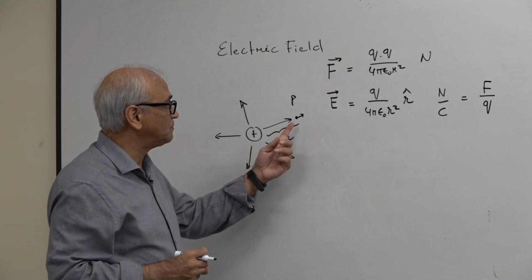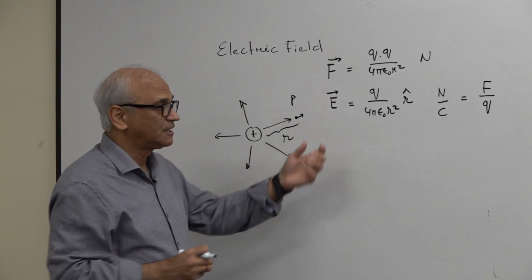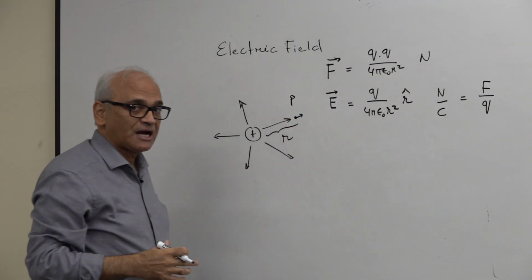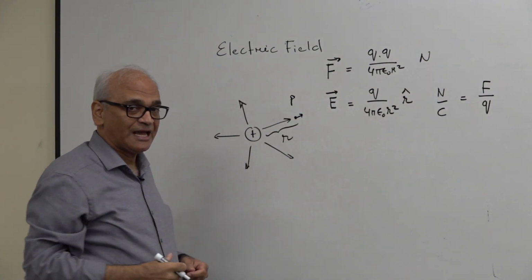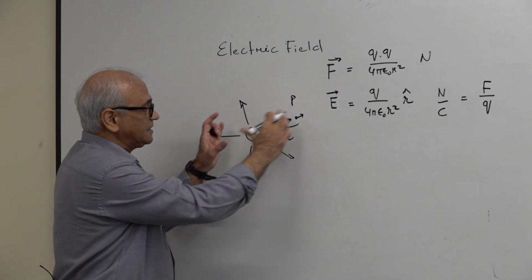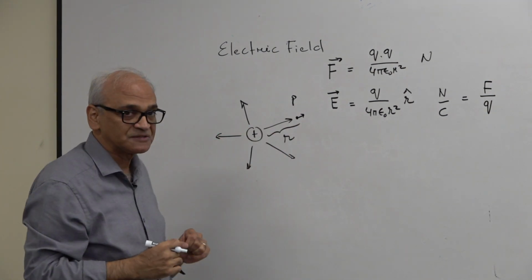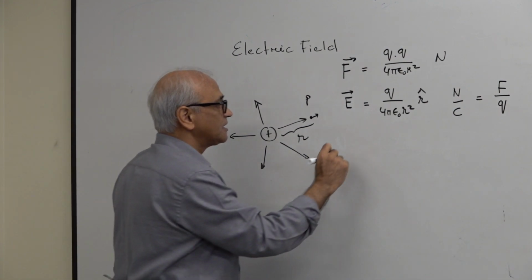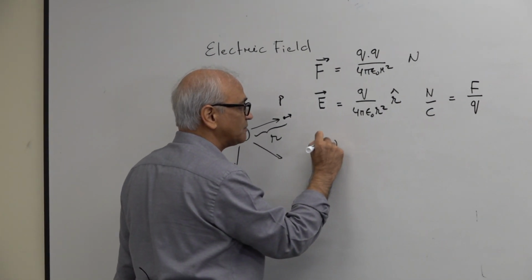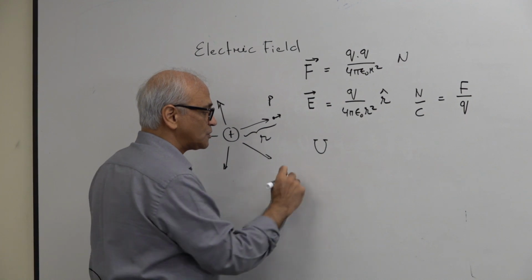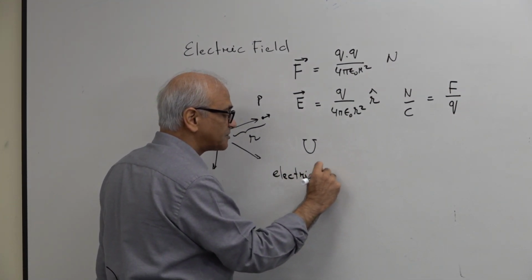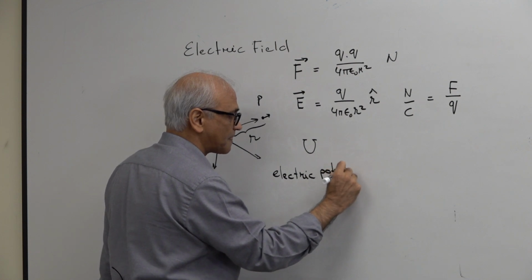When I take it from wherever it is to here, I have put work into that. That means that in this combination of two charges, I have put energy into the system. So what's the energy in the system? I will call it U. This would be called electric potential energy.